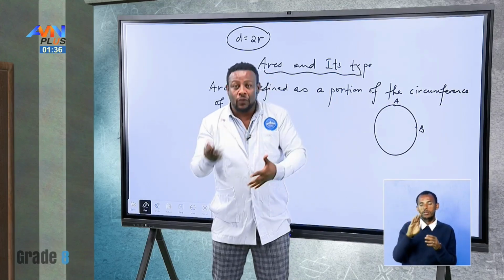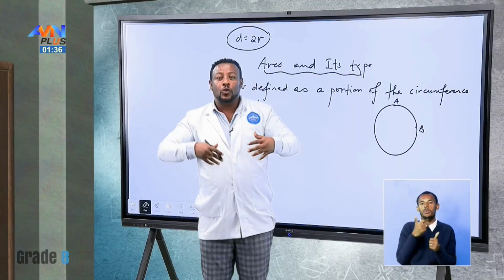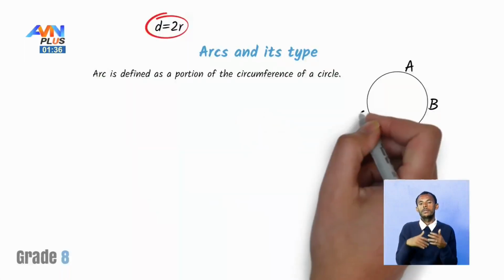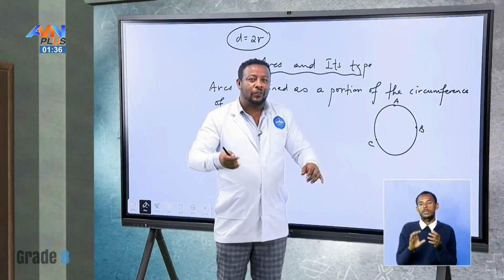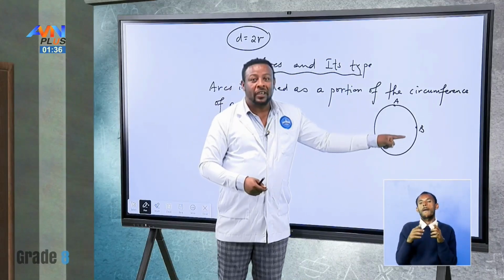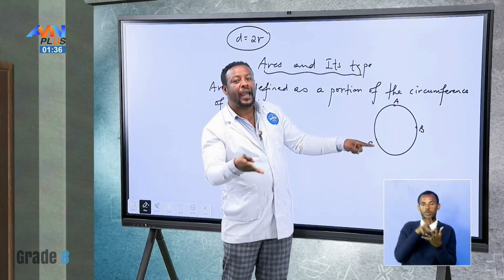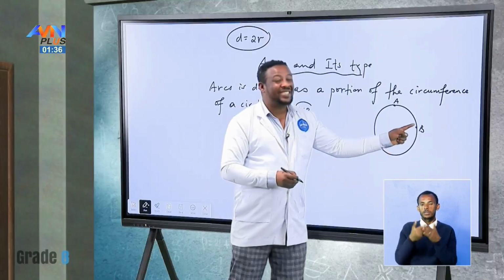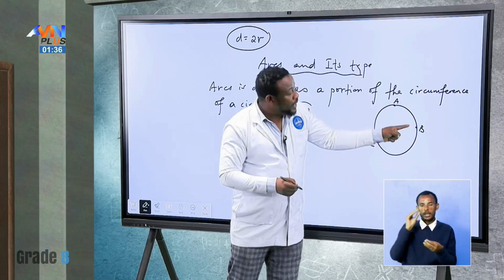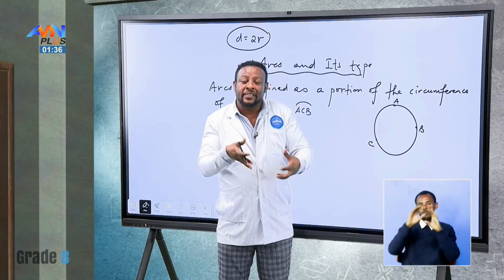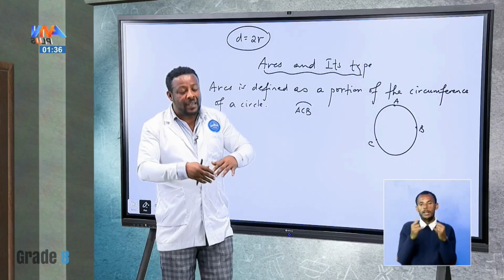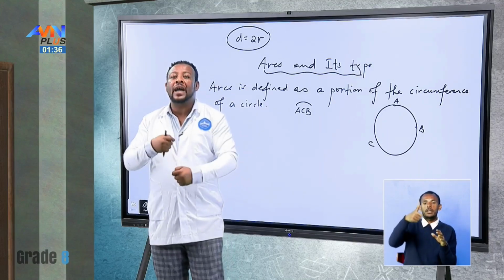But to avoid confusion about which arc you are talking about, for example, if you have some other point C, and you want to talk about the bigger arc AB, you need to include C between A and B. So arc ACB is this part of the circumference, and arc AB is the smaller portion of the circumference. Based on this situation, we can classify arcs as major arc and minor arc.